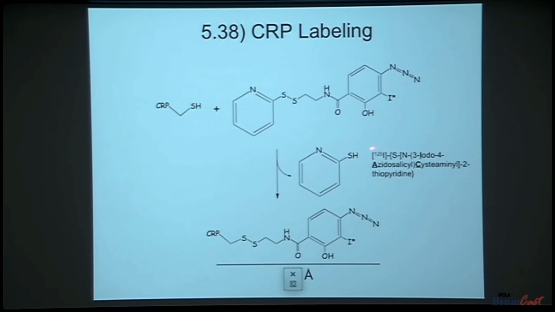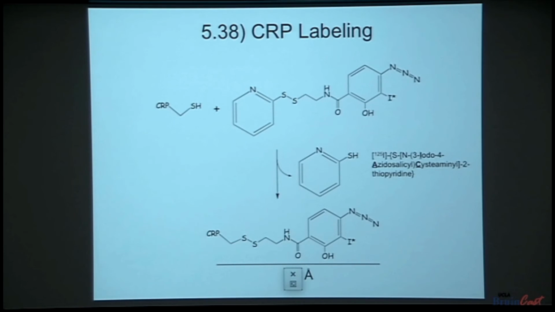It has this complicated name. We'll just call it IAC. IAC contains this thiopyridine component. It contains cysteamine. Actually, from the sulfur to the nitrogen, that's a residue of something called cysteamine. And then the cysteamine connects the thiopyridine to this modified salicylate residue.